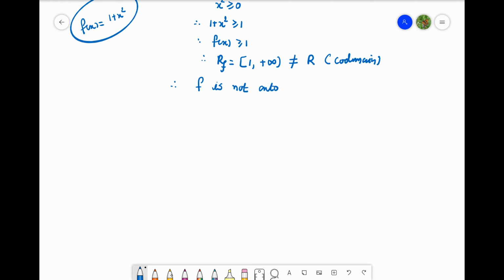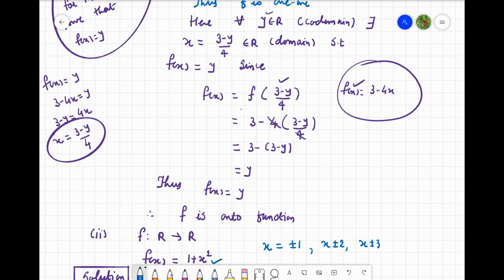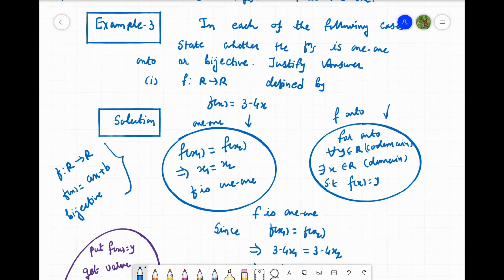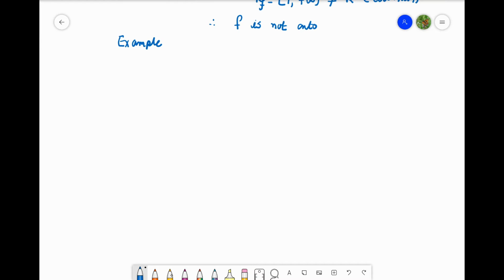We take another example. Example 4. Let A and B be sets.